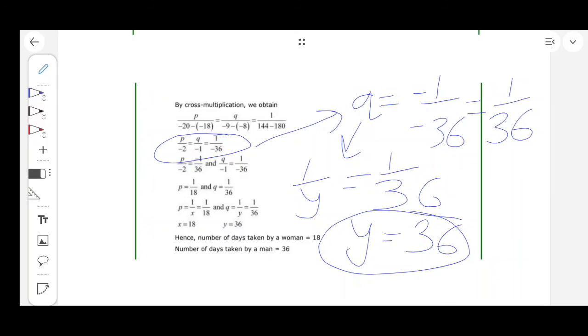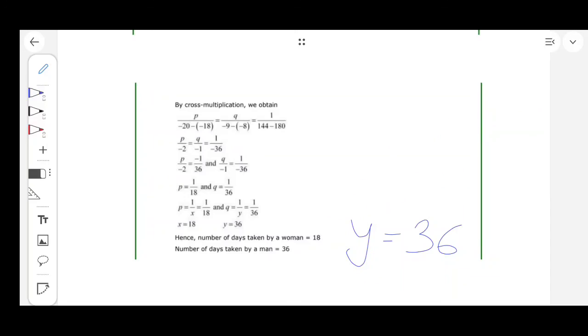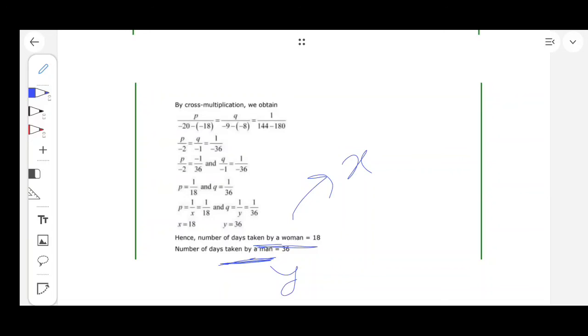Okay, now we got the values of x and y, and we denoted the time taken by a woman by x, and by a man by y. So y equals to 36 and x equals to 18. Okay, so this one is the solution.